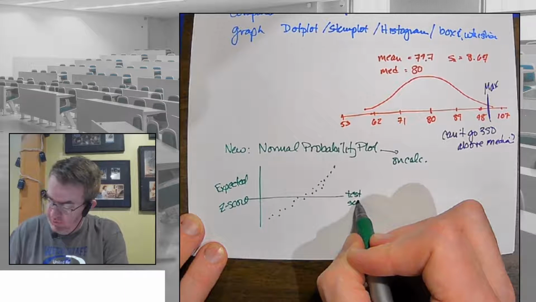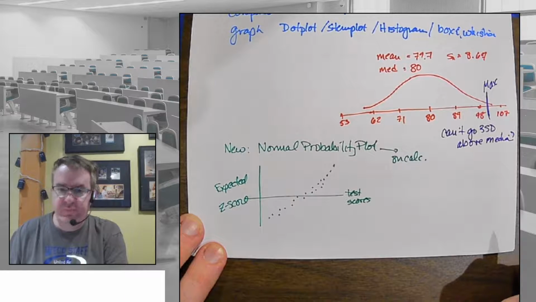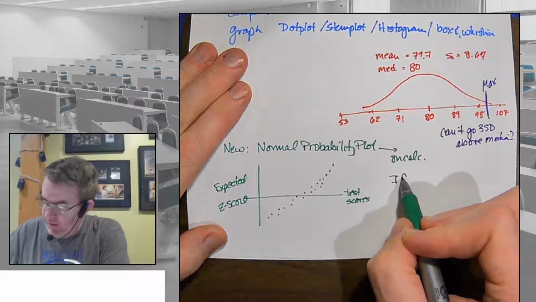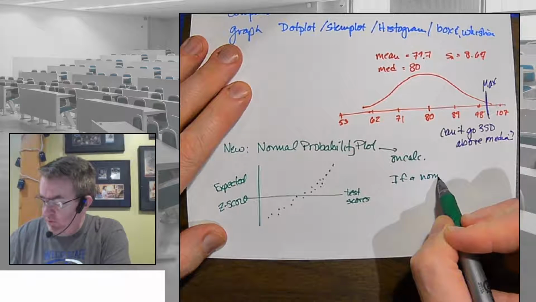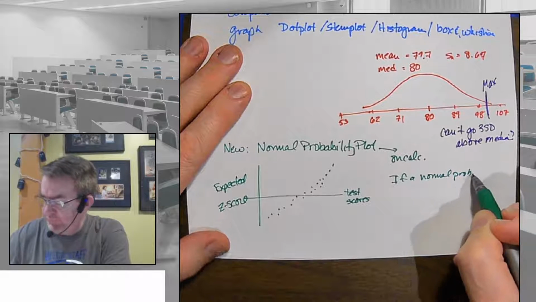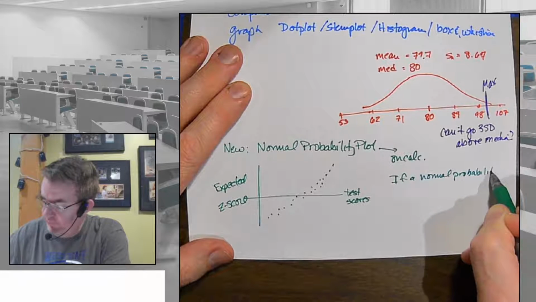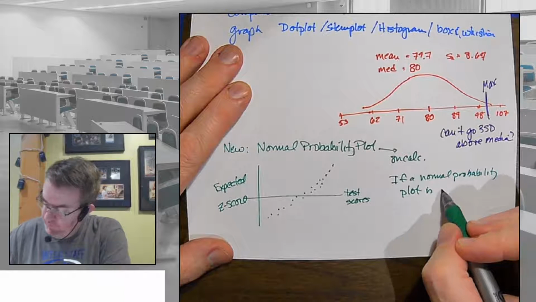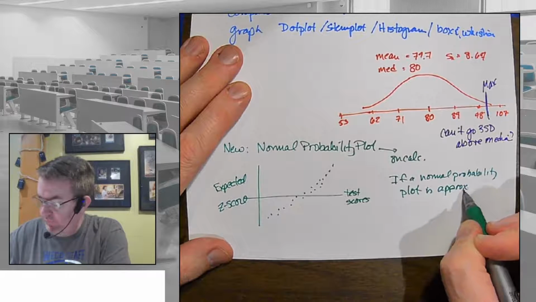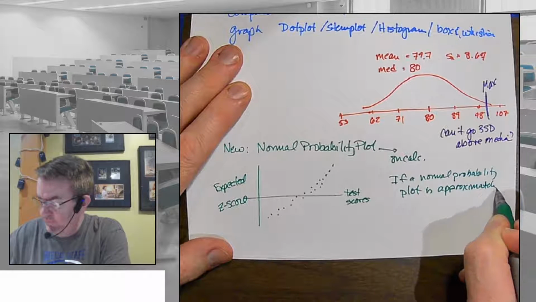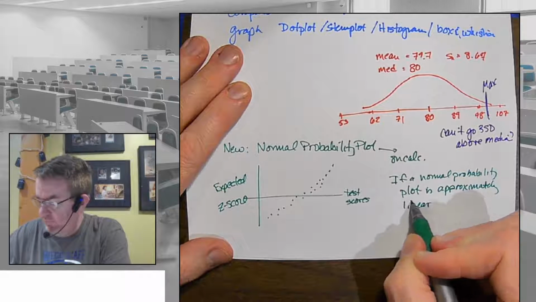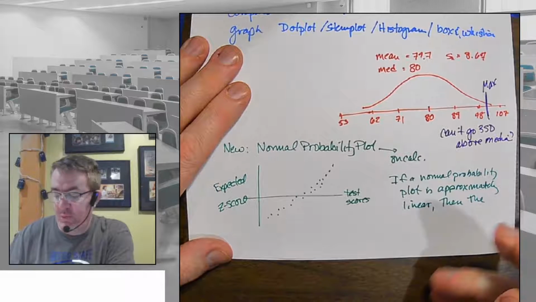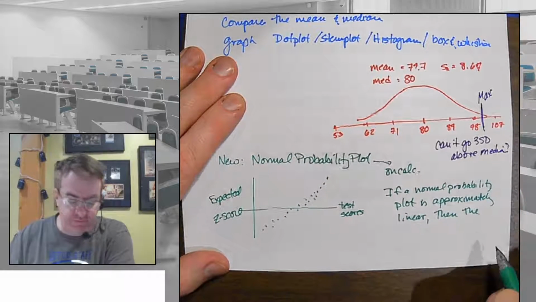Remember, always label your axes. Okay, so if a normal probability plot is approximately linear, then remember what we call this, where we have all the dots all over the place?